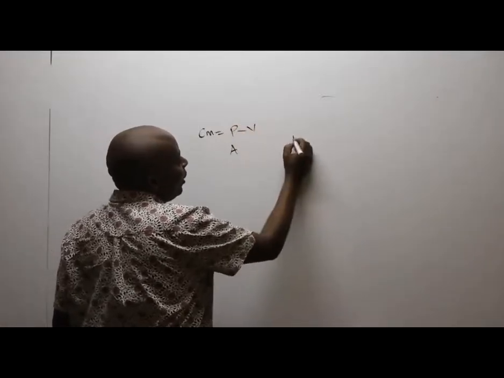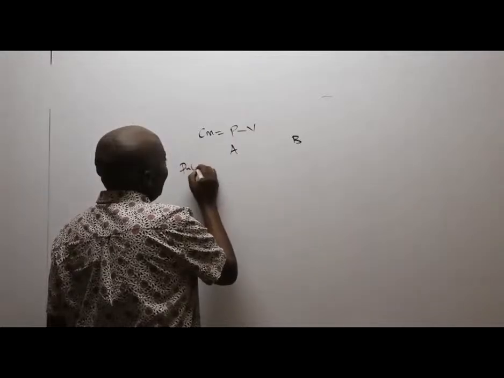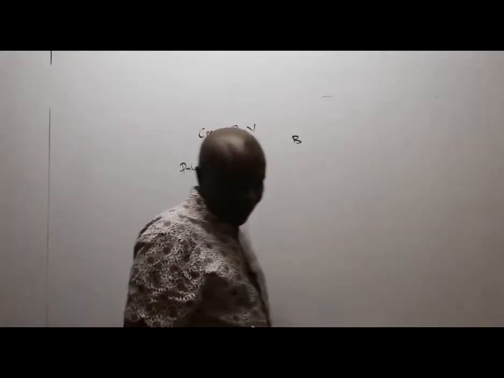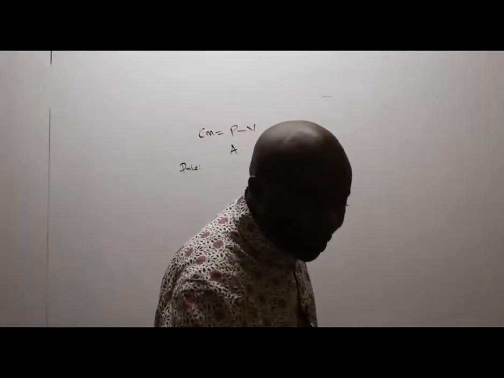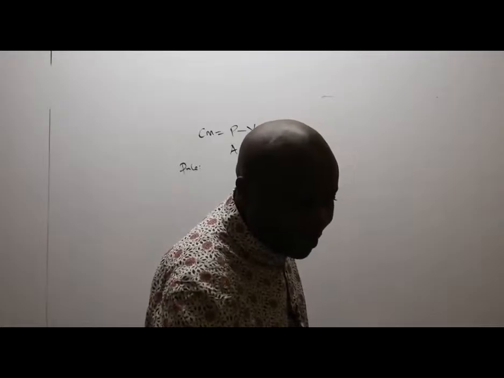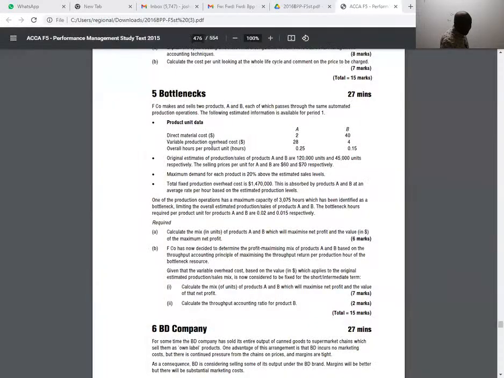We have A, we have B, we have the selling price. The selling price that has been given for A, the selling price here is what? A is 60, B is 70. So 60, 70.